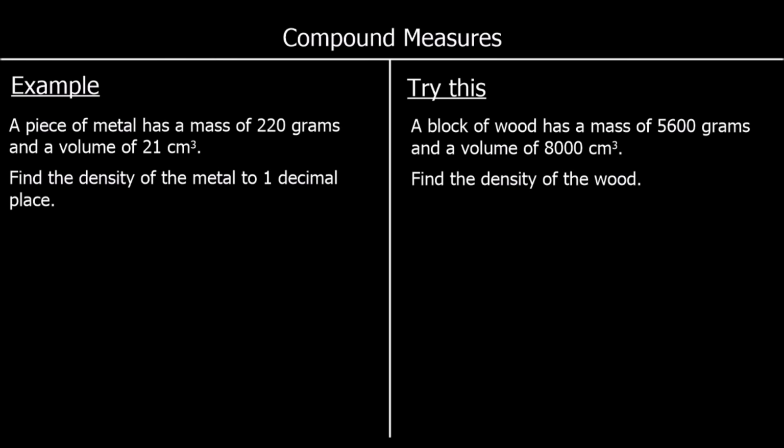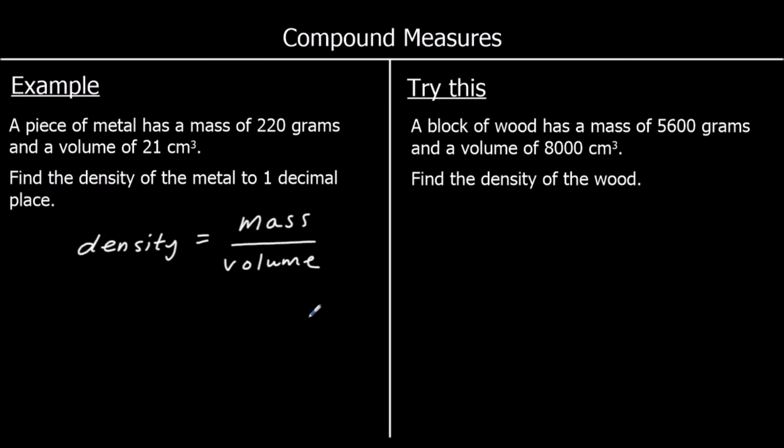A different example of a compound measure is density. And density is equal to mass over volume. So again, we need to remember what density is. It's mass over volume.